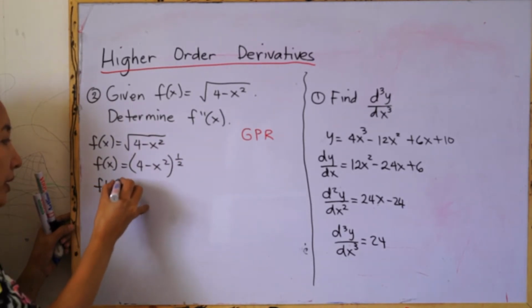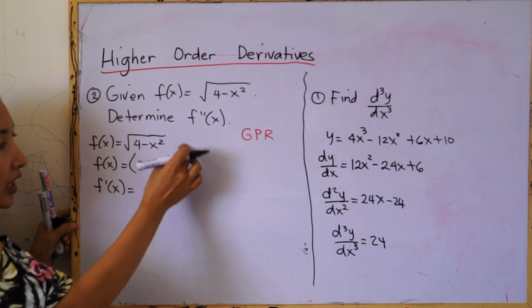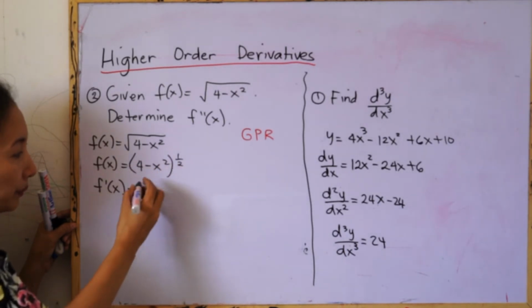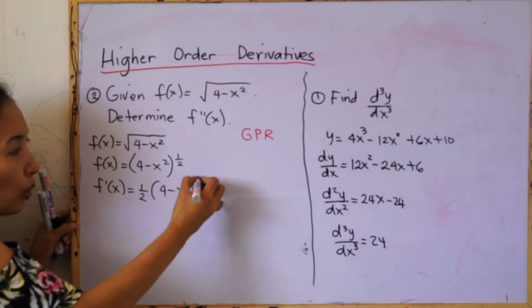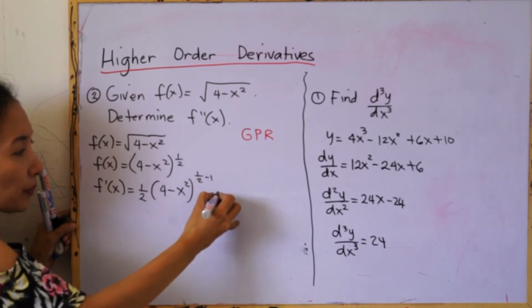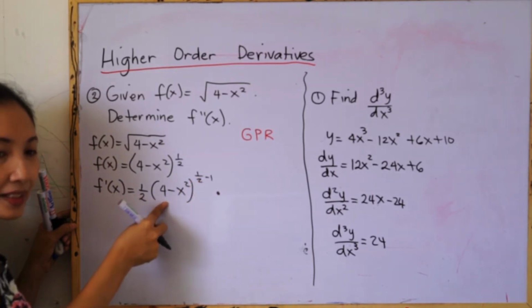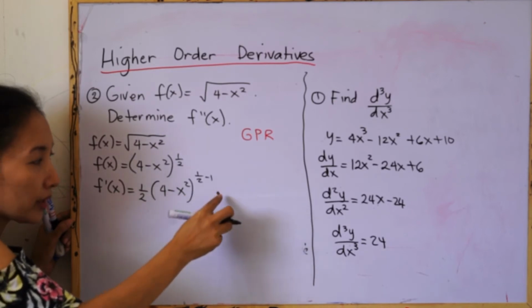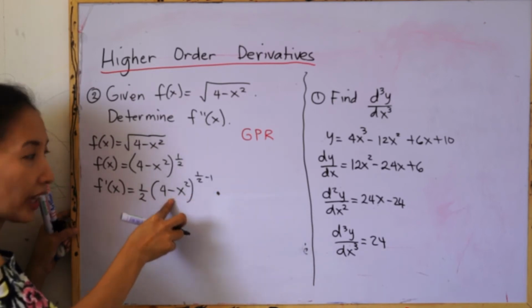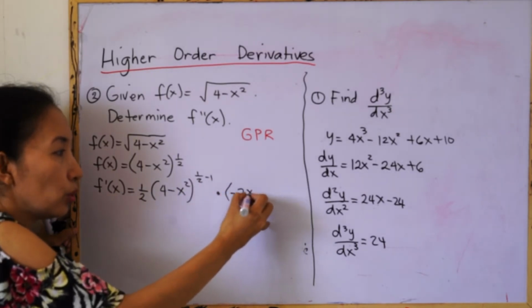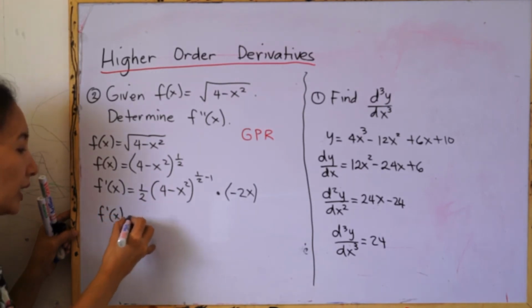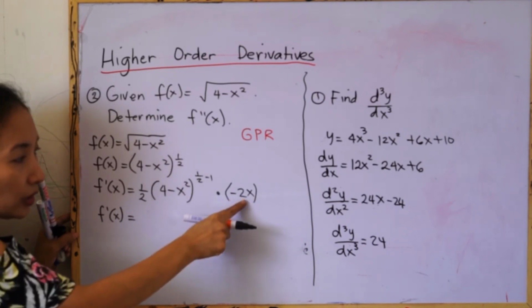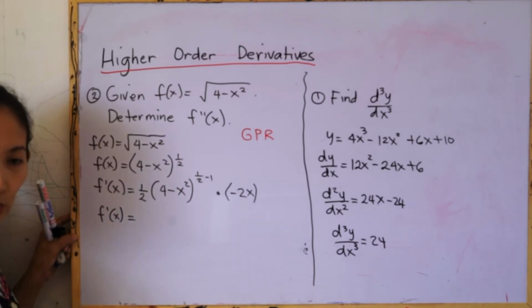F prime of x equals, from the generalized power rule, 1/2 times 4 minus x squared raised to 1/2 minus 1, times the derivative of the radicand. Derivative of 4 is 0. Derivative of negative x squared is negative 2x. Let's simplify before we proceed to getting the second derivative. Take note that 2 and 2 would cancel out, right? So what do we have? What is left?